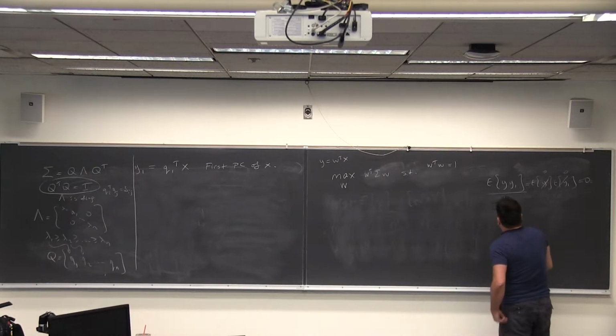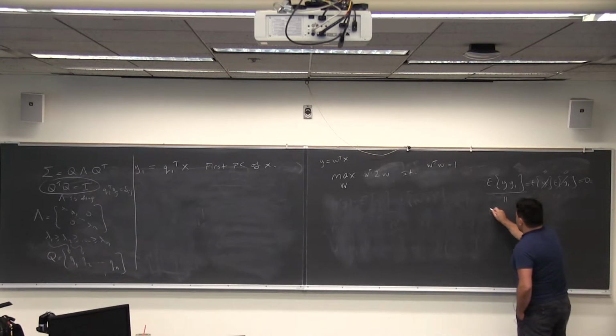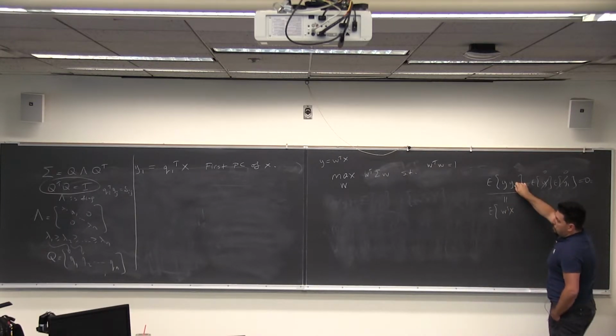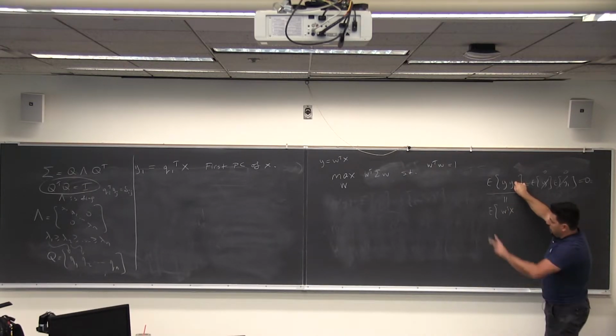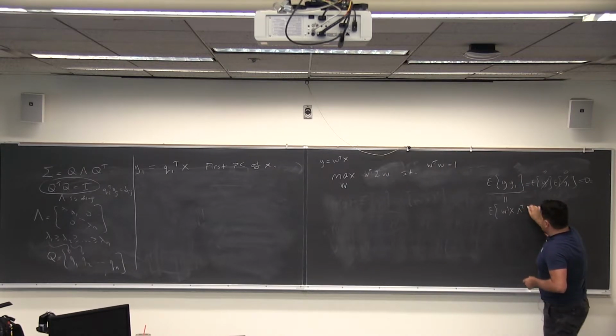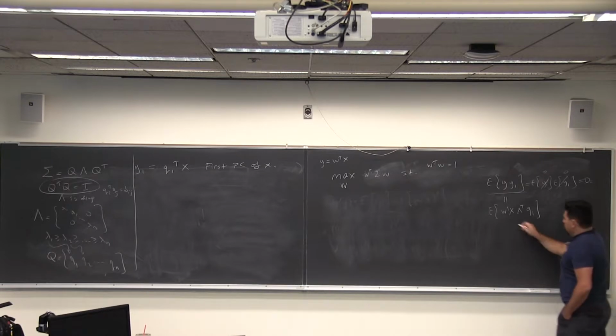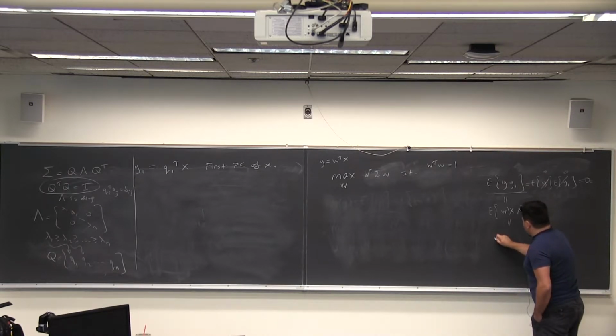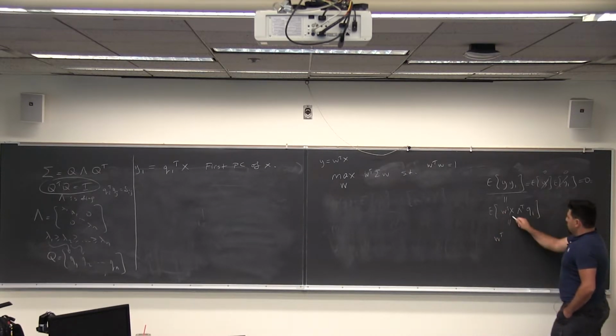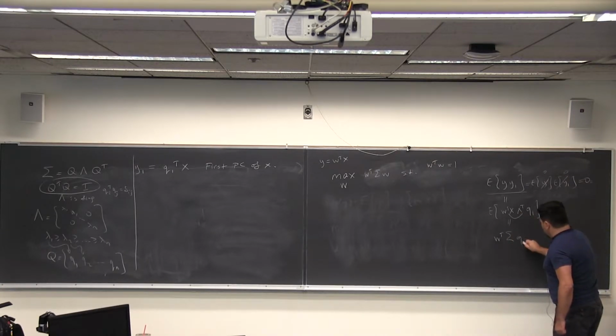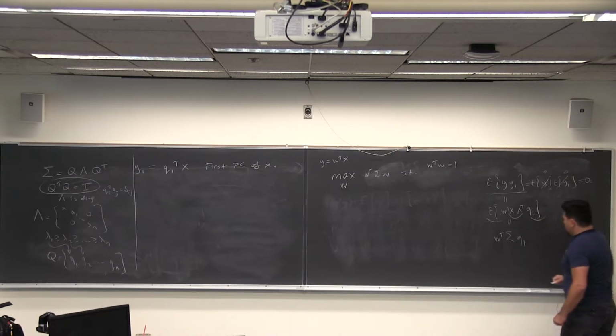So what is the expected value of y1 times y? This is the expected value of W transpose X times X transpose Q1, since y1 is Q1 transpose X or X transpose Q1. So this needs to be 0, but this is equal to W transpose, expected value of X X transpose is sigma, times Q1. I can take these vectors out.